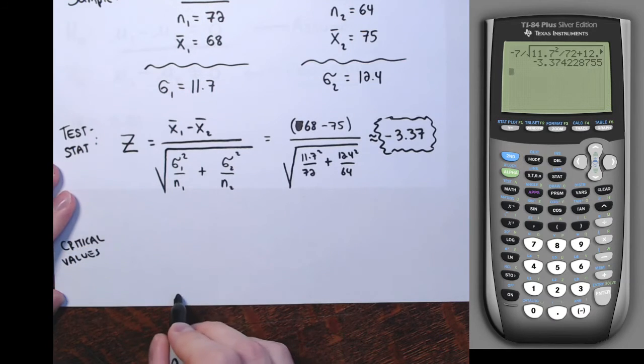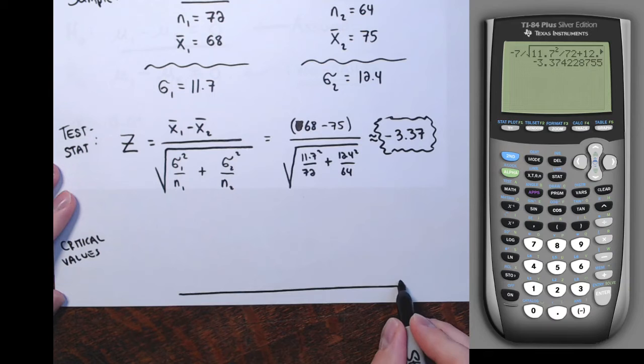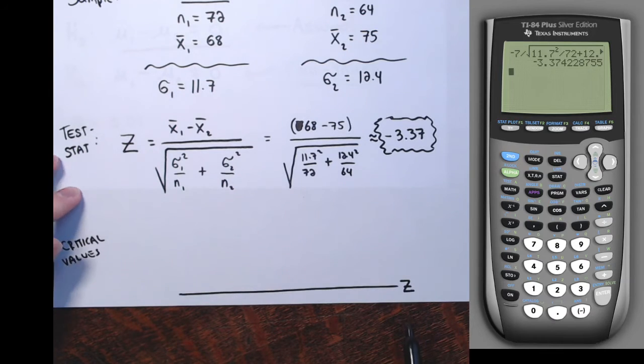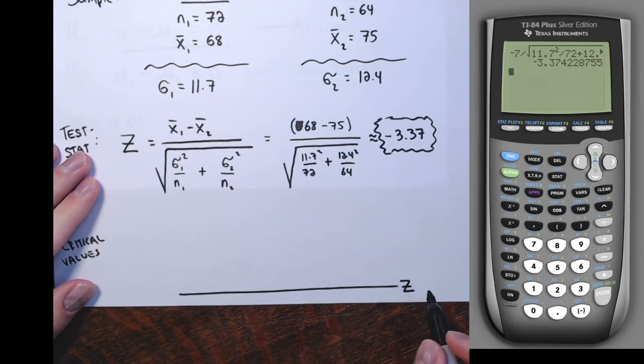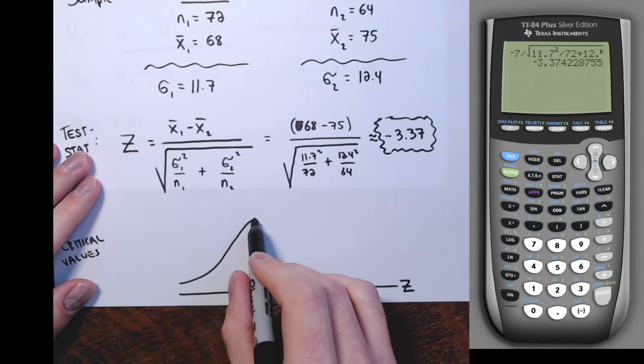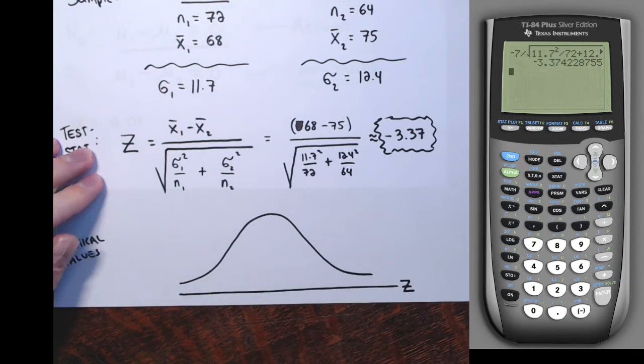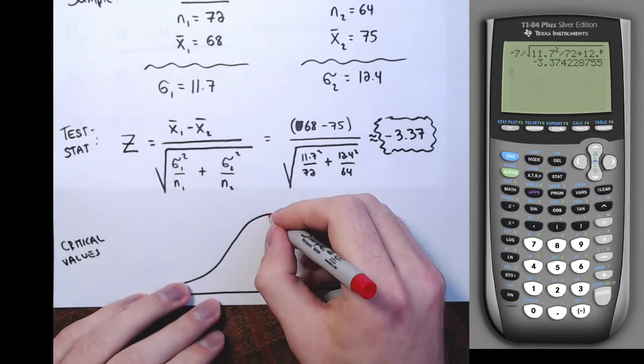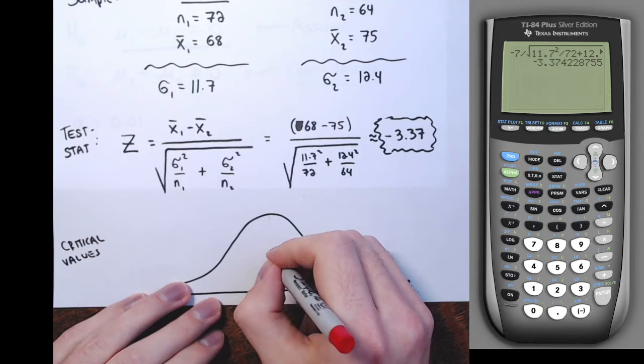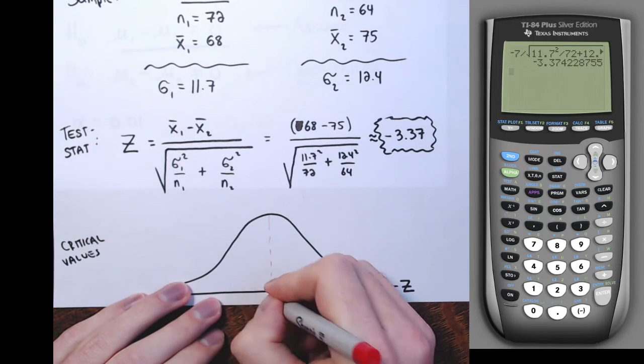Okay, so we're looking at the z-scores, right? So the standard normal distribution, the z distribution. So my number line here represents z-scores, and I've got a symmetrical bell-shaped curve above that. The z-score underneath the peak is a z-score of 0.